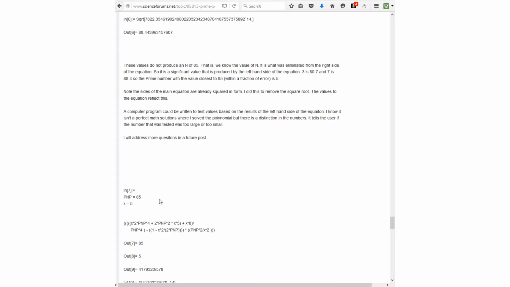But the thing was, that worked, but it also worked for a small value. We need to test with larger values and different values that aren't prime numbers to see if it's behaving the way it should. If you plug an x of 5 and a PMP of 85 into this equation, it would equal near PMP.